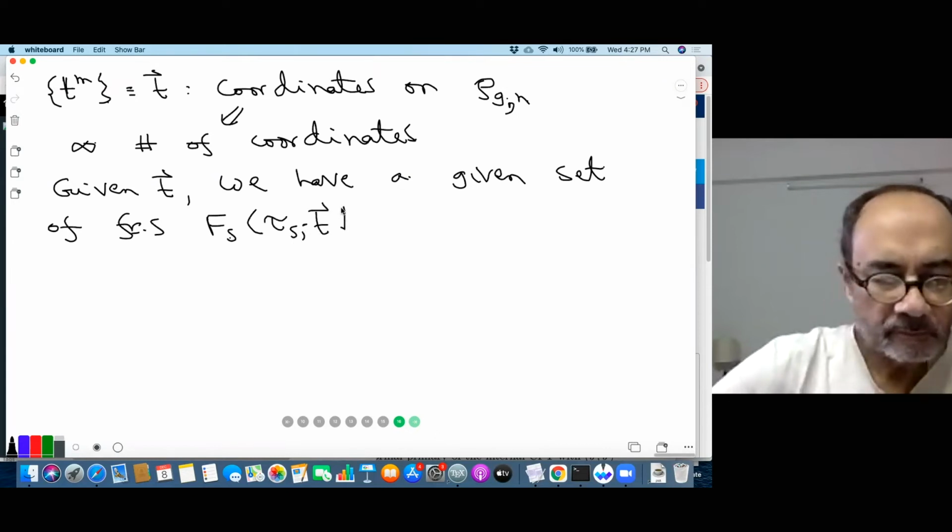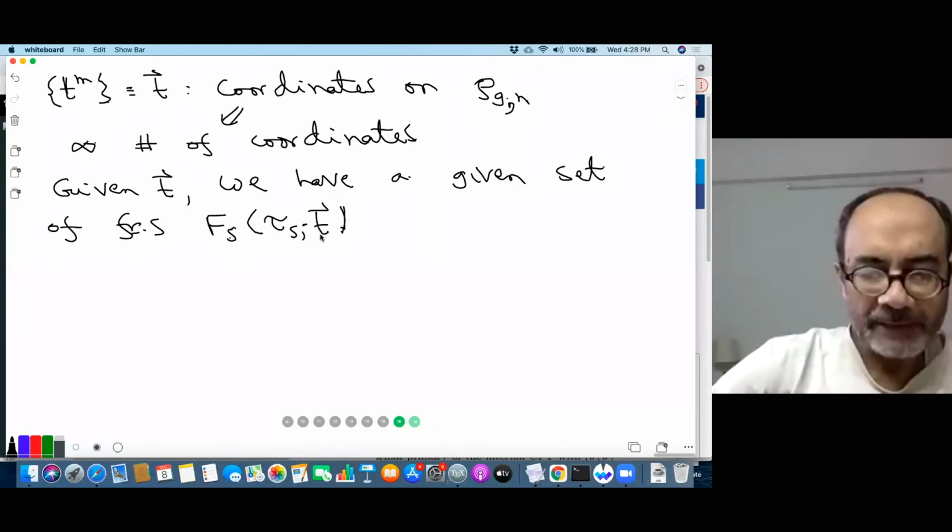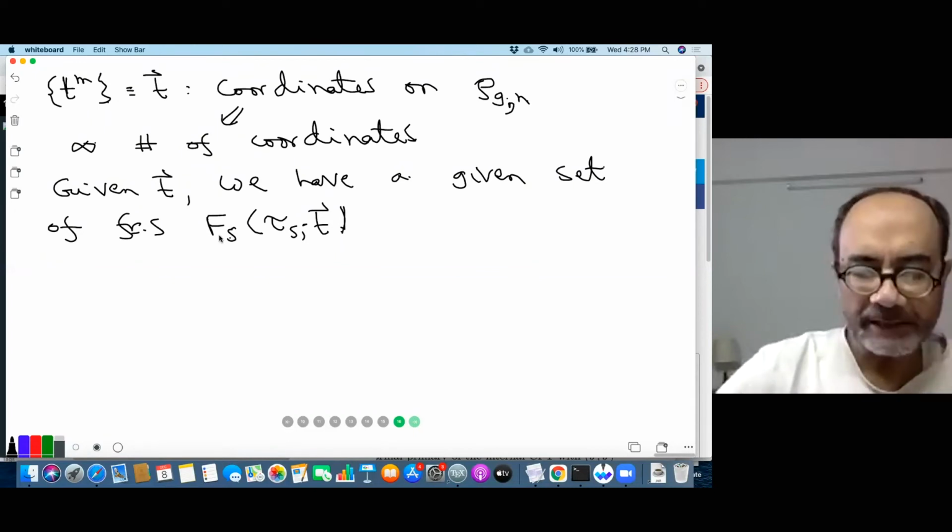I'm now going to put the t in the argument of F_s because changing t will change the function F_s. Different choices of functions F_s correspond to different points in PGN, so that's why I have put the t inside F_s.